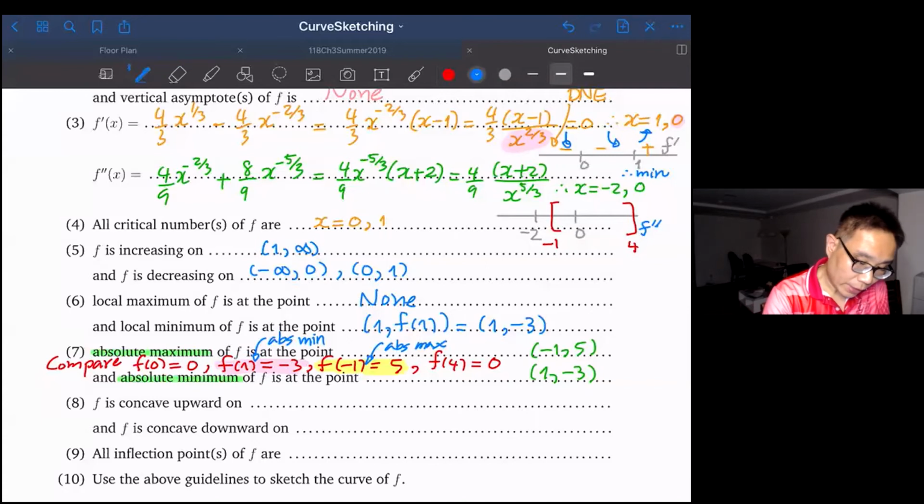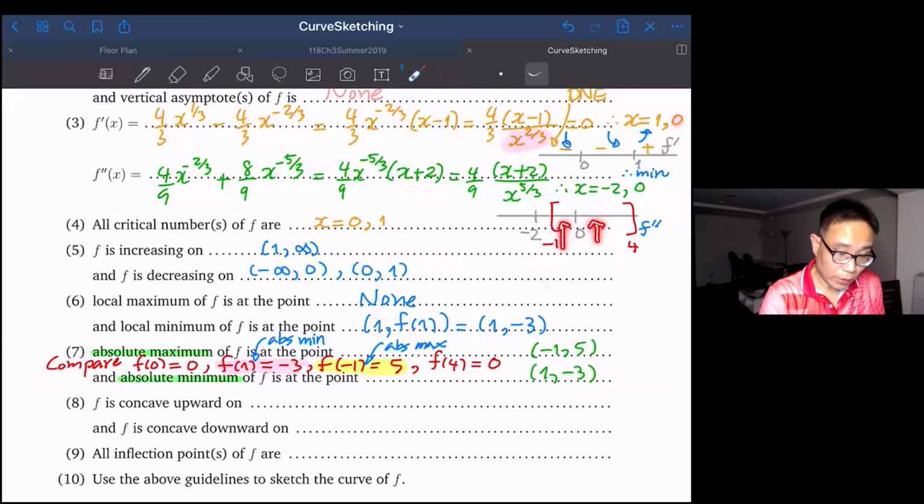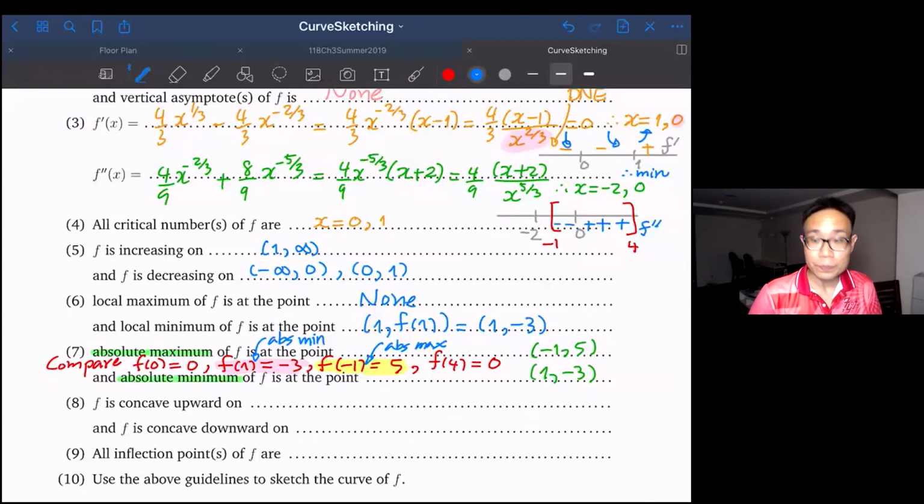You have these two intervals to consider. For x from 0 to 4, you just pick x equal to 3. You plug in x equal to 3, and you get a positive sign. In the interval from -1 to 0, you put x equal to -1/2, and you get a negative sign in this interval.